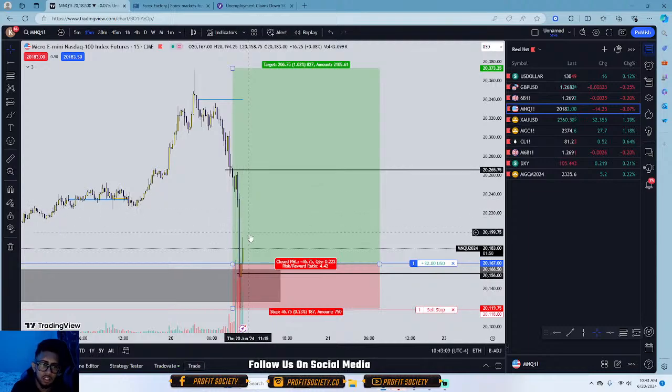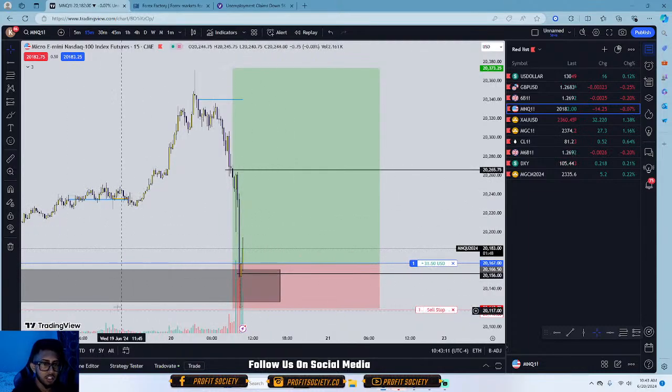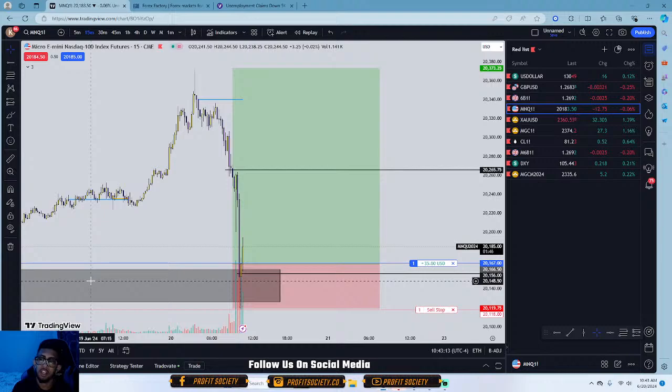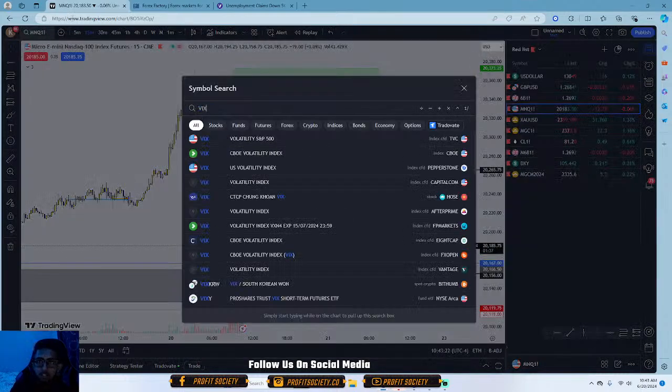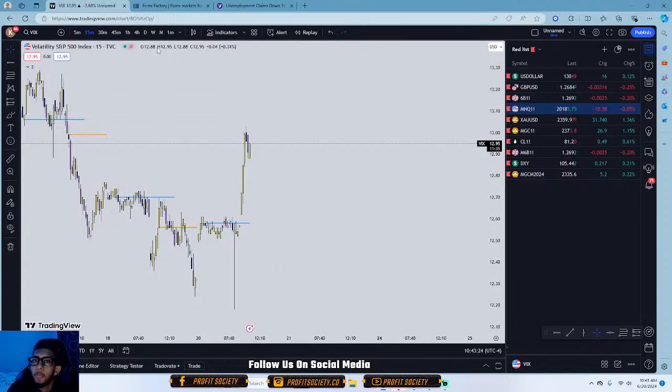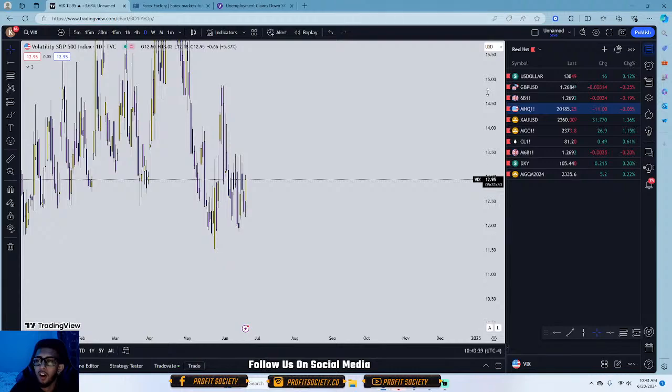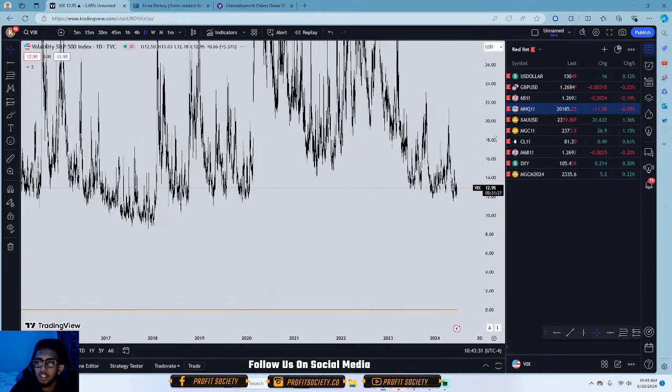Is there a correlation between the VIX and the indices? Slow wins, minor losses. That's a fact. Well, let's look at the VIX. The VIX is just a volatility index. It just shows how volatile it is.